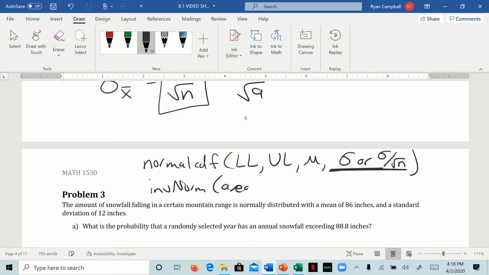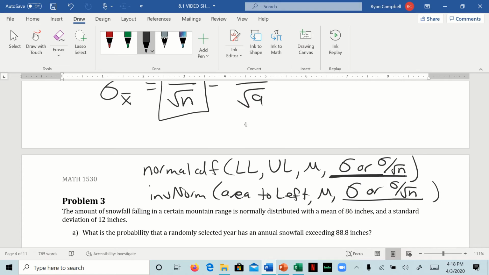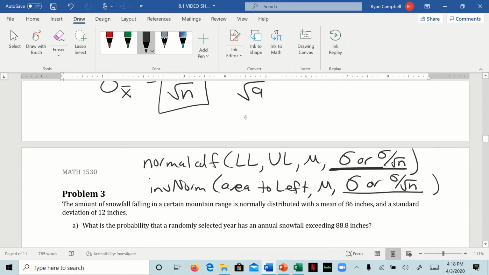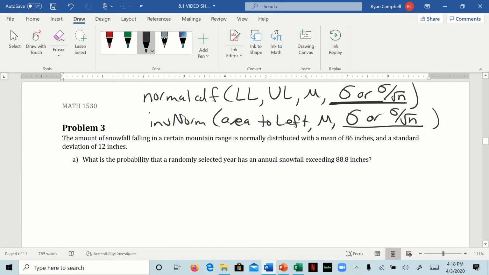That's area to the left, mu, pause. Then we either use sigma or sigma divided by the square root of n. So that is literally the only difference now. Now we just have to pause every time we do normal CDF or inverse norm. So hopefully you can see this is going to be the exact same thing that we did in chapter 7.